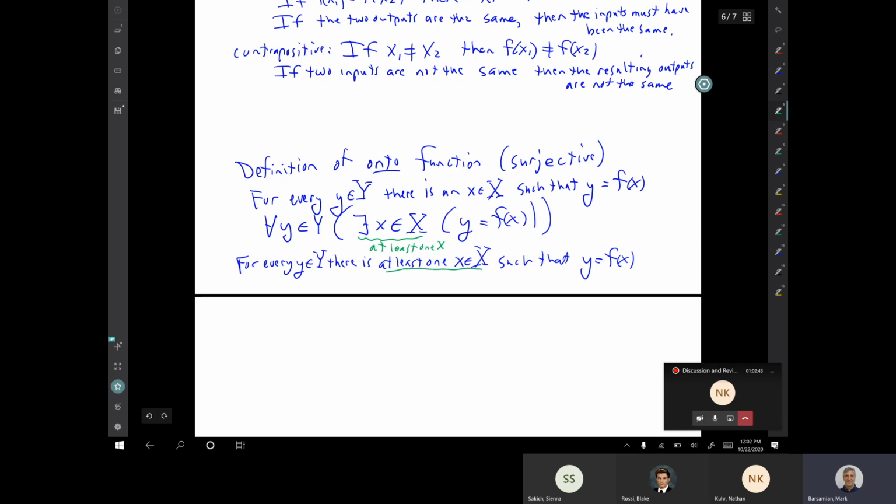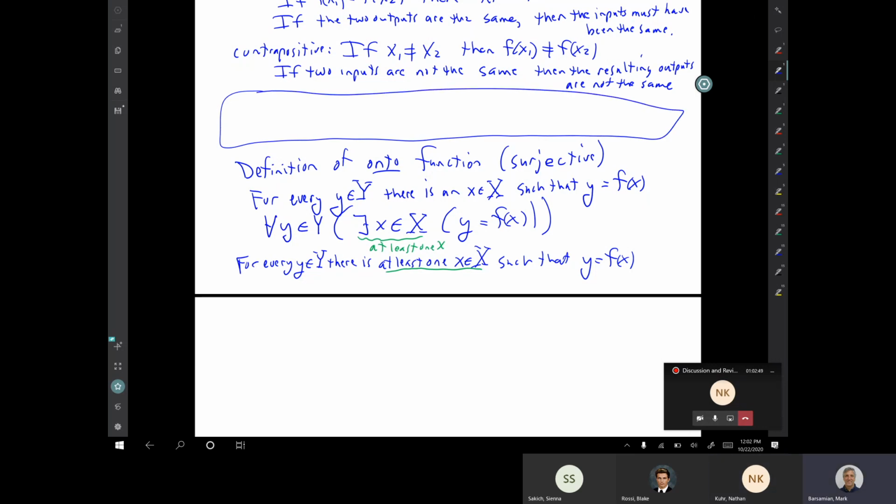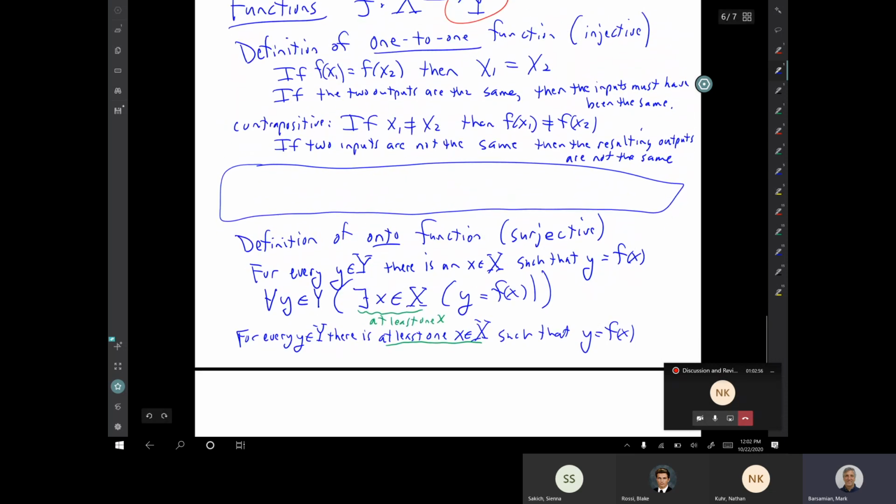Now go back up to this. Can anybody formulate a sentence having to do with the one-to-one property that is analogous to this sentence that we just formulated for the onto property?